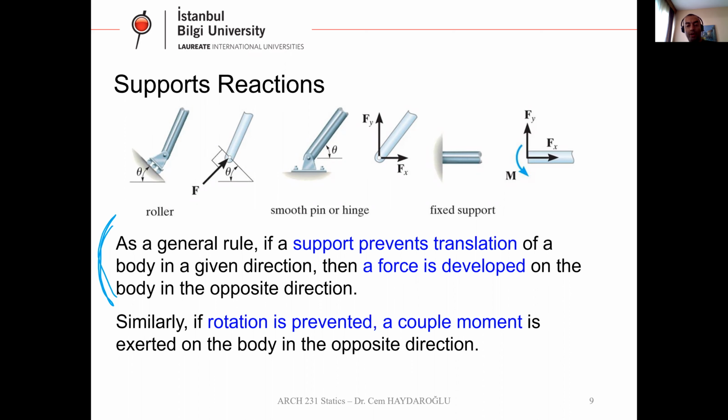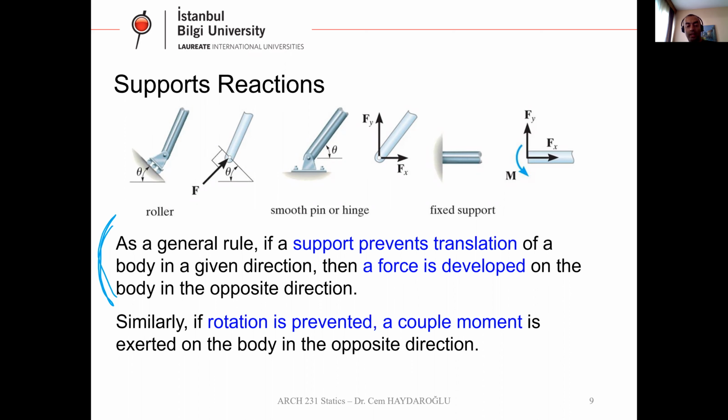If a support prevents translation of a body in a given direction, then a force is developed on the body in the opposite direction. Why? Because we have the action and reaction principle. If a system gives loading to a system in this direction, this loading comes from the system.